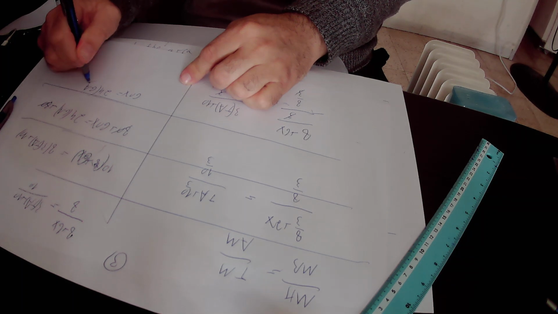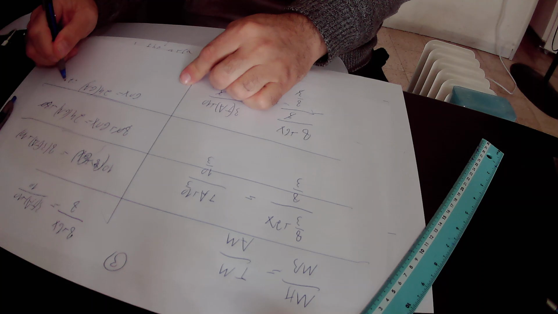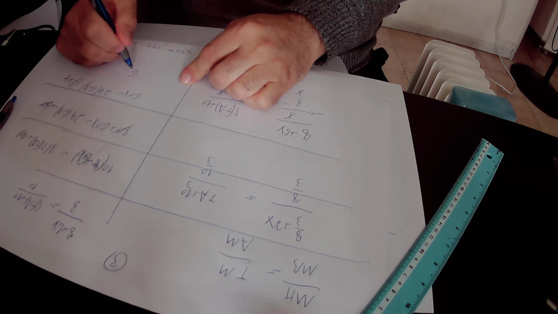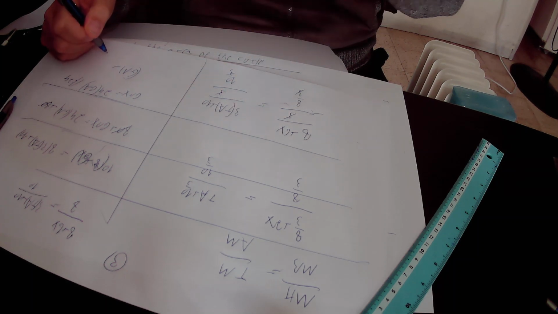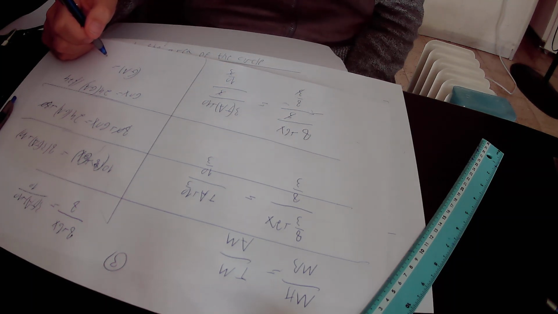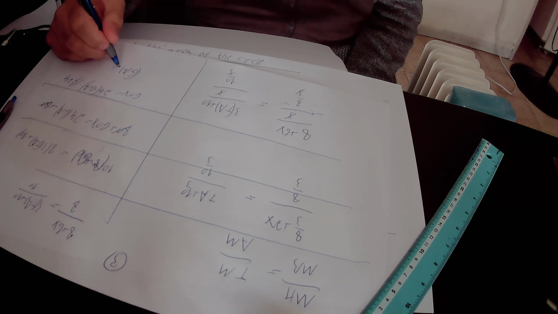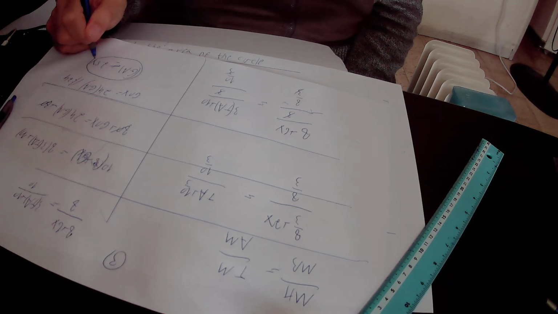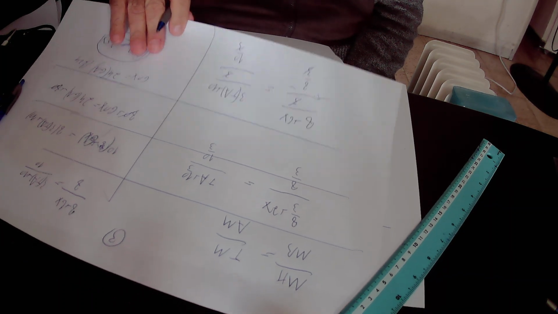Here we divide this equation by 24 and finally we get that TA equals 60x over 24, which is 2.5x. So in conclusion, we found out that TA equals 2.5x.